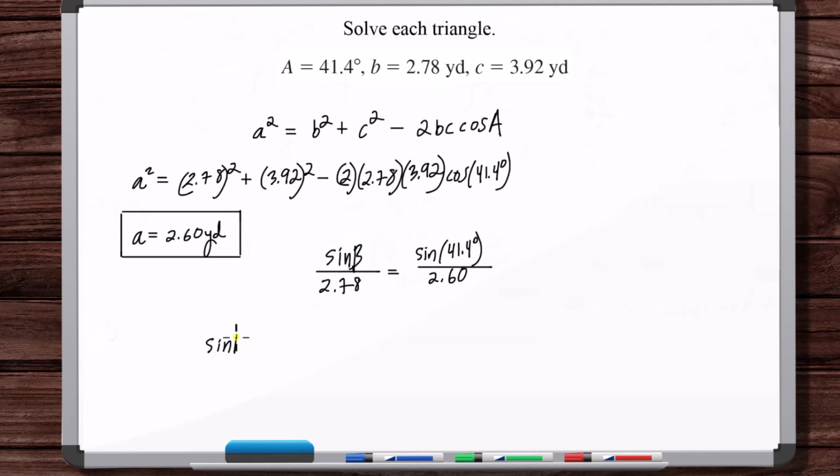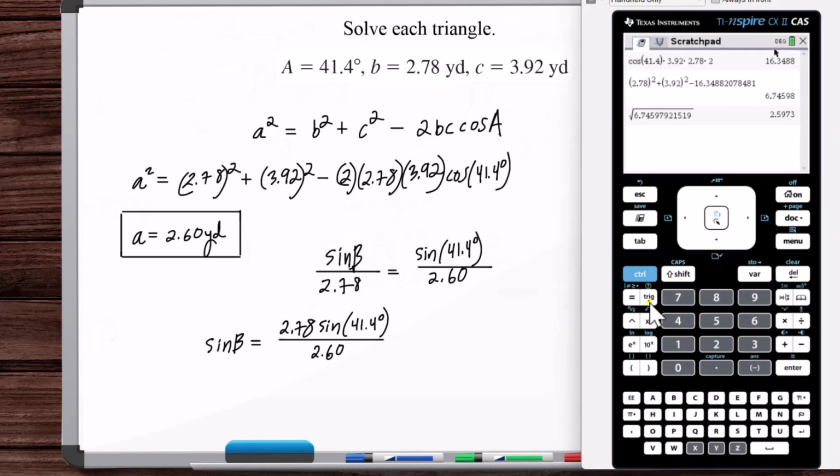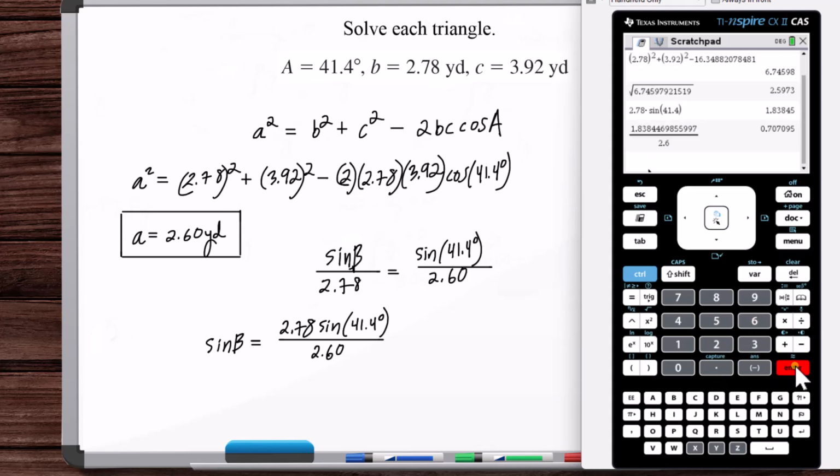So sine of B is equal to, okay, so let's see, 2.78 times, okay, there's sine of B. So now let's take the inverse sine of this.